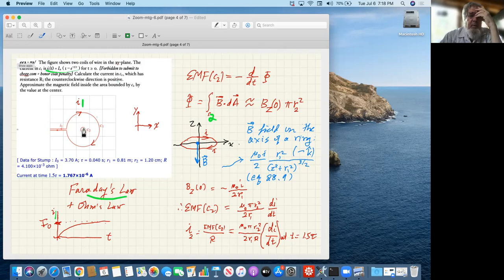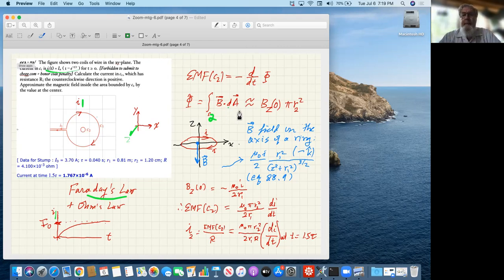Now, as for the direction, well, by the right-hand rule, if the current is counterclockwise, then the magnetic field points outward, out towards you. That's in the Z direction. Here's X, Y, and outward is Z. Now, the area of this little disk is also in the Z direction, because remember, the area of a surface points perpendicular to the surface.